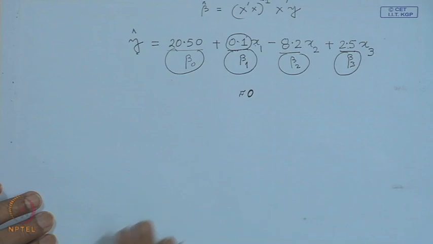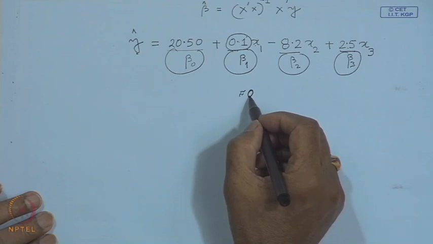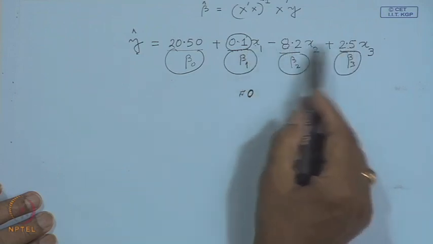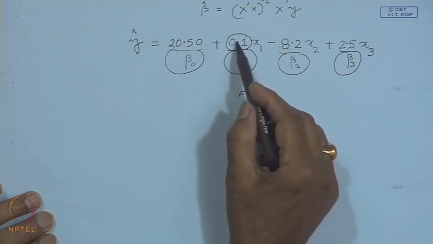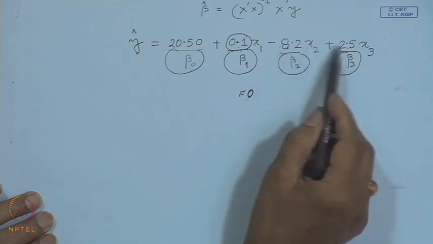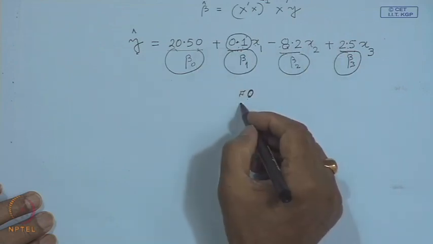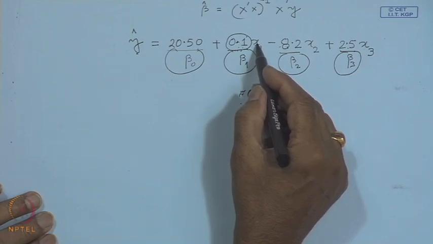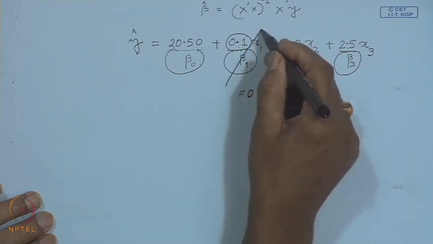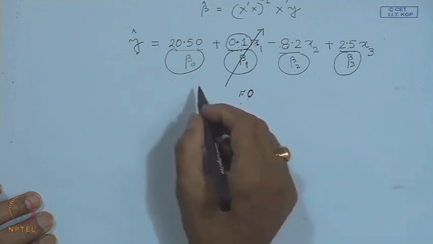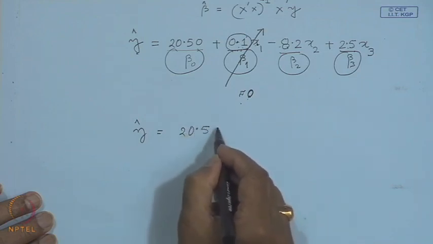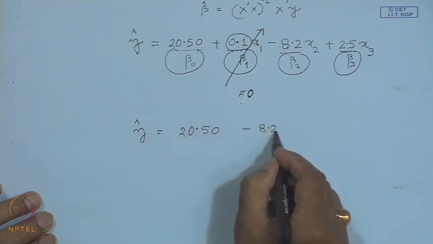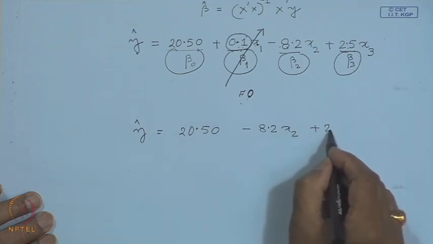Normally there are tests of hypothesis with which we can find out whether each of these coefficients is different from 0. It appears as though 0.1 is too small compared to the other two, and probably the effect of x 1 is very negligible, and therefore we can straight away neglect it. We can say that the equation is y hat equals 20.5 minus 8.2 x 2 plus 2.5 x 3.